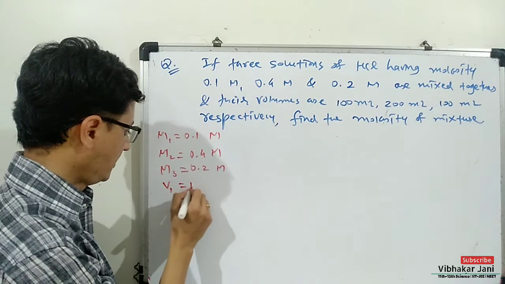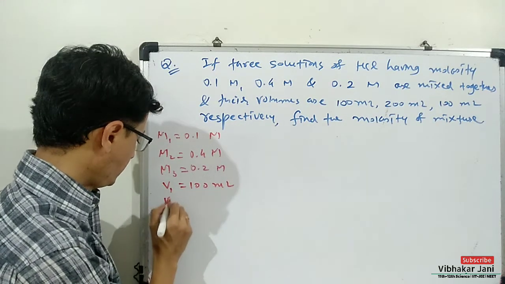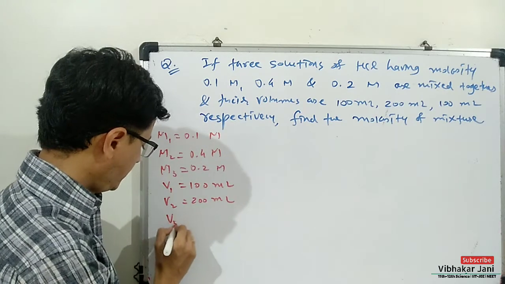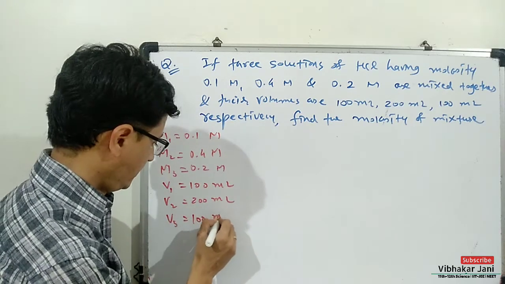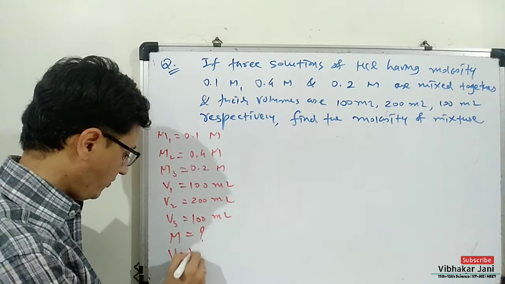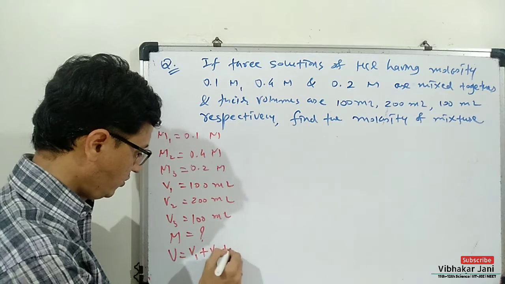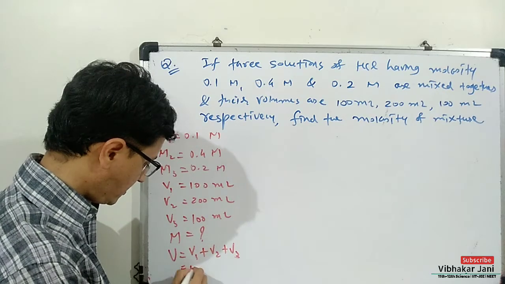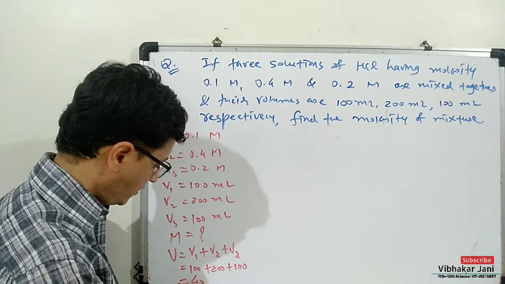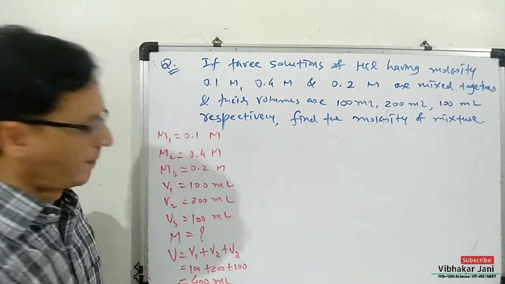V1 is 100 ml, V2 is 200 ml and V3 is again 100 ml. We are asked to find the molarity of the mixture, and the volume of the mixture is V1 plus V2 plus V3, that means 100 plus 200 plus 100, that is 400 ml.